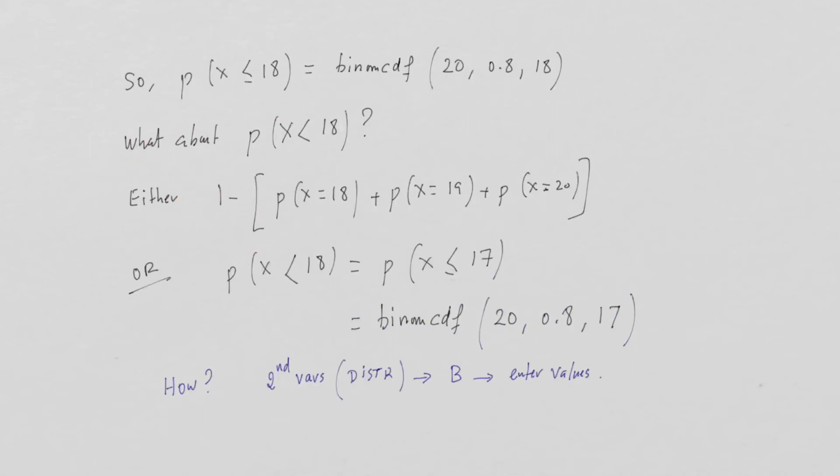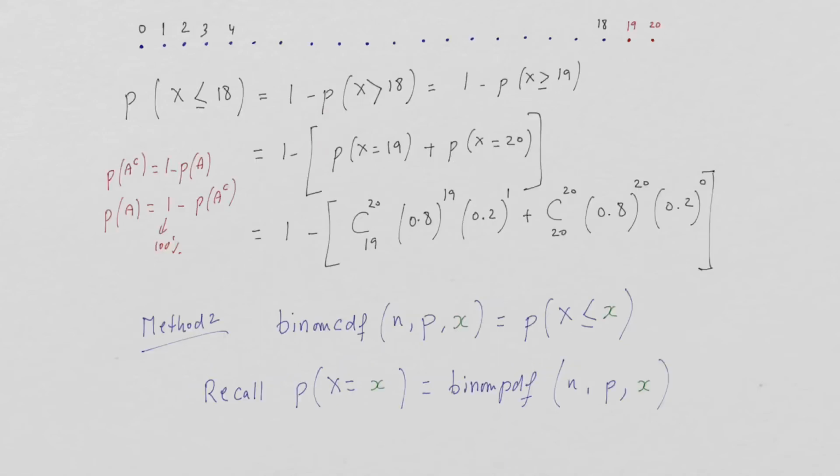Here's what I just said. If you have less or equal, you just do binomial CDF, 20, 0.8, 18, done. What if I say, I want to find the probability that X is strictly less than 18? Now on the calculator, by hand, less or equal to 18, strictly less than 18.